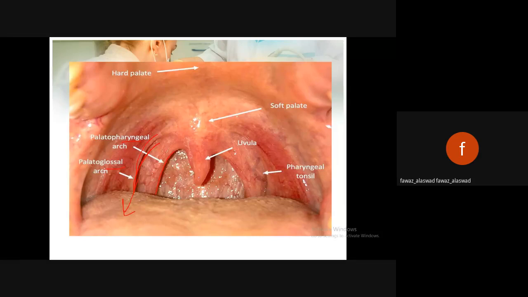Pharyngeal is the deepest one, the palatopharyngeal arch. It is near the tonsils and near the uvula. This is the hard palate, this is the soft palate, and this is the tonsils.